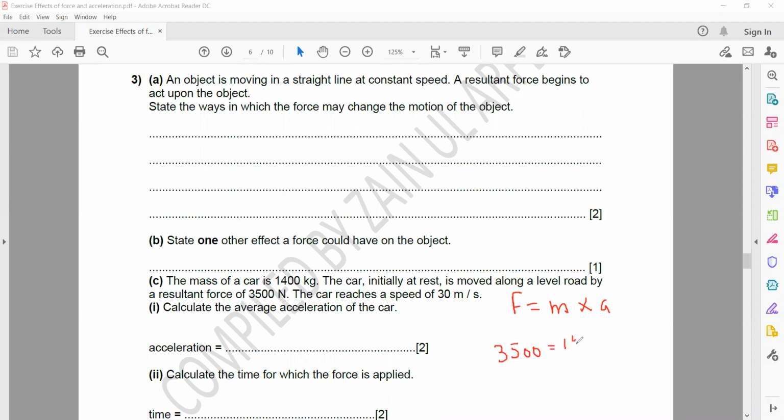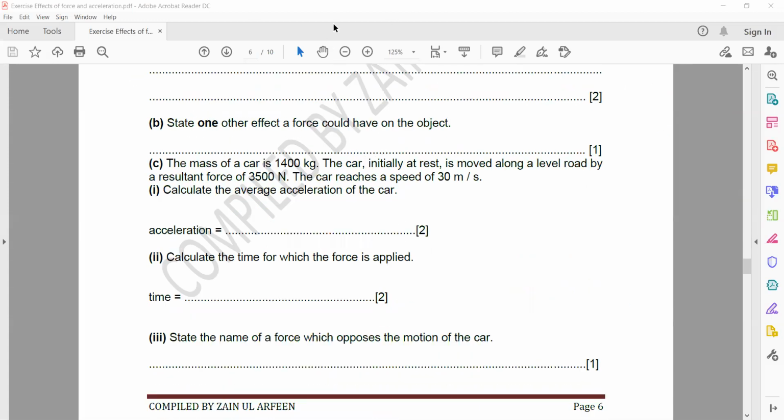The mass of the car is 1400 and the acceleration is a. 1400 is multiplied on one side, so on the other side it will be divided. So 3500 divided by 1400 will give you the acceleration. And to calculate the time, acceleration is the change in velocity divided by time.